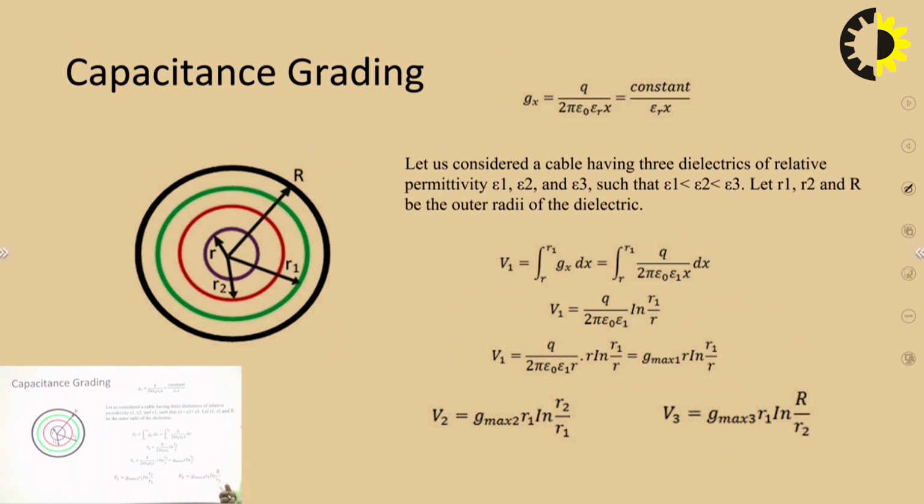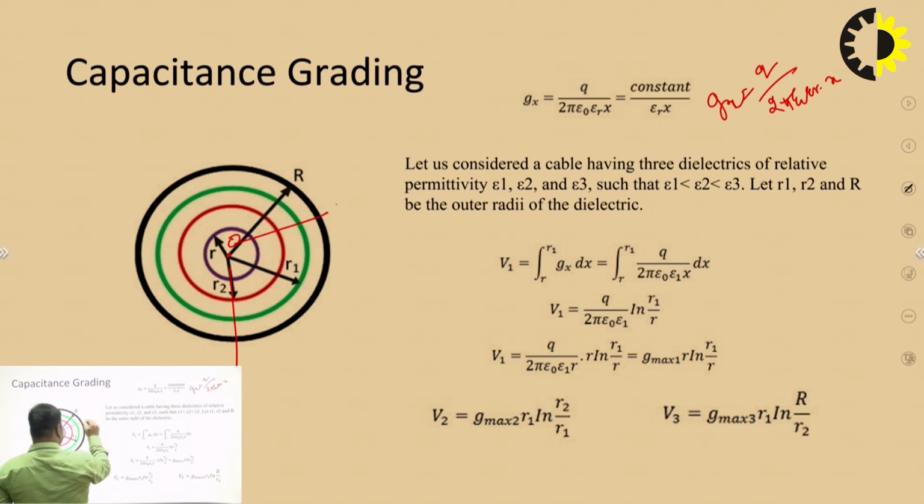In capacitance grading, Gx equals q, the charge, divided by 2 pi epsilon naught epsilon r into x. What is x? x is the distance from the point O, the center point.